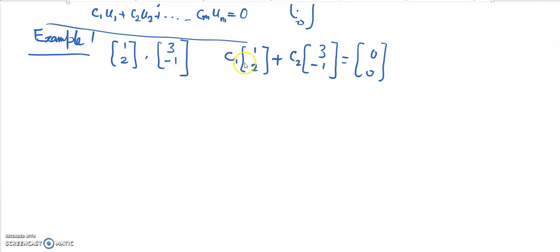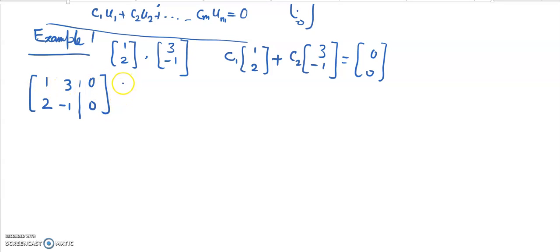Now let's use this concept in the augmented matrix. We have 1, 3, 2, -1, and we can put 0, 0 on the right side.